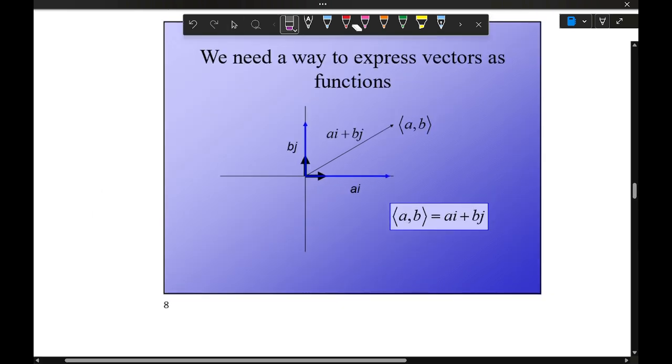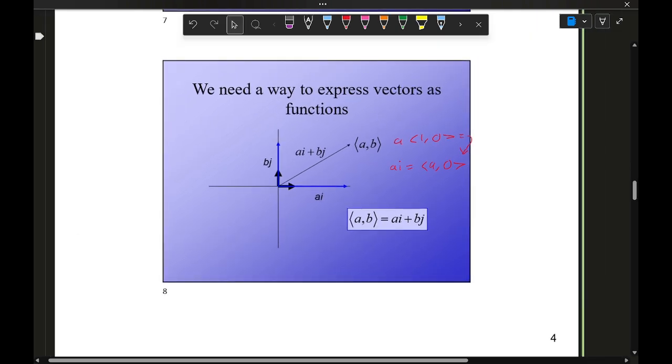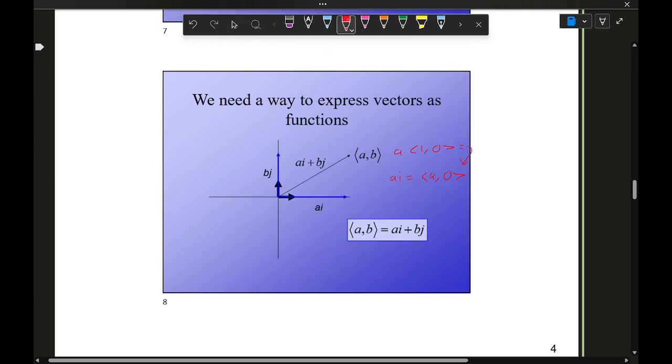Therefore, any number a i is the equivalent of saying a comma 0 as a vector, because i represents 1 comma 0, and then this is just multiplied by a. That's just an easier way to write it, but don't let it confuse you too much. It's almost like a placeholder to represent this vector, and that way we can have it in one line as a sum of terms rather than having it written as a separated vector.